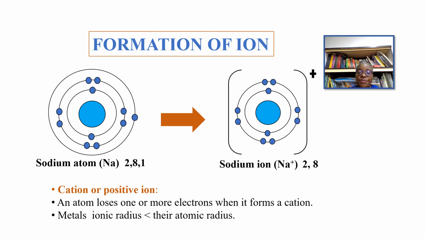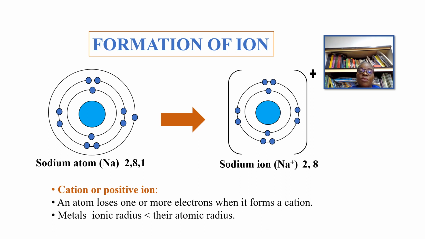Formation of ion. An alkali metal has one valence electron in its outermost shell, and it is able to donate this electron easily to obtain a noble gas configuration.